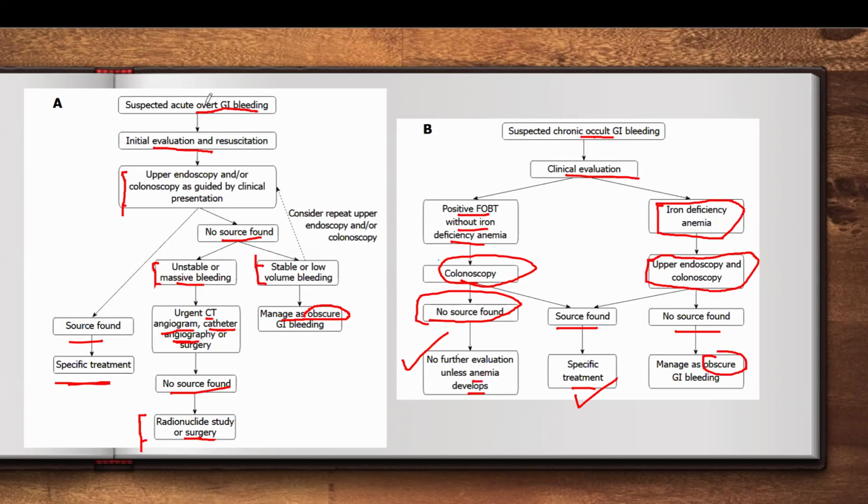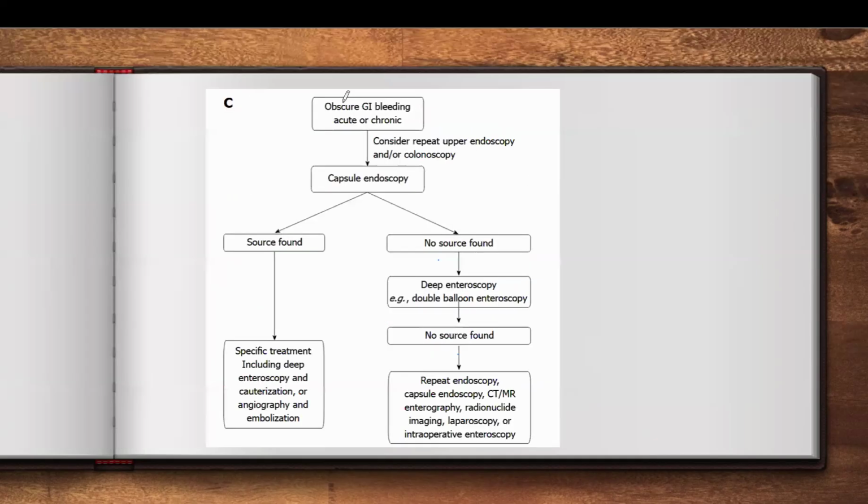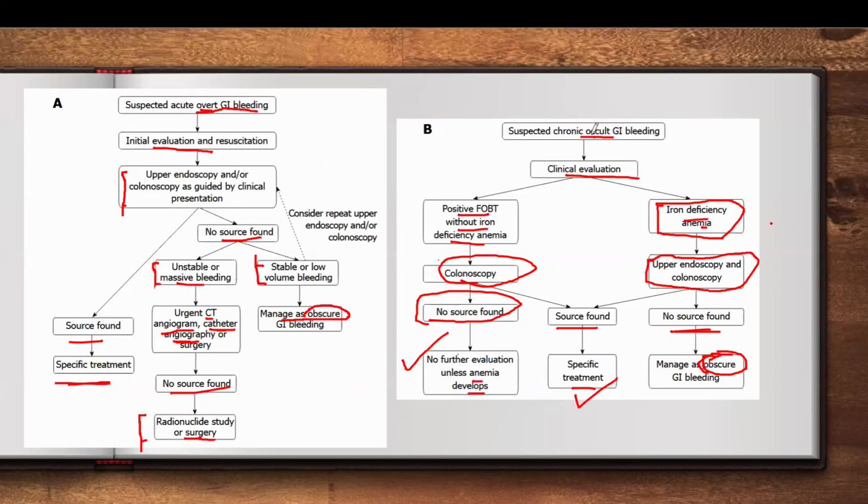So in both cases, overt and occult, if the source is not found and the patient is stable, or if the source is not found and there was iron deficiency anemia, we manage it as obscure bleeding. Now let me show you the guidelines for obscure bleeding. You have seen that obscure can be either overt or occult.